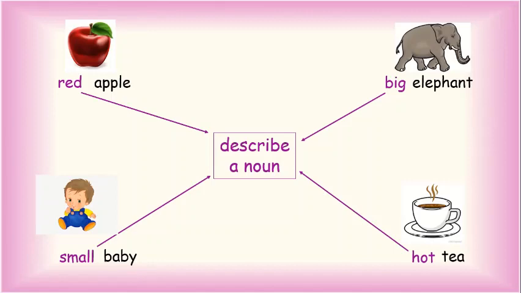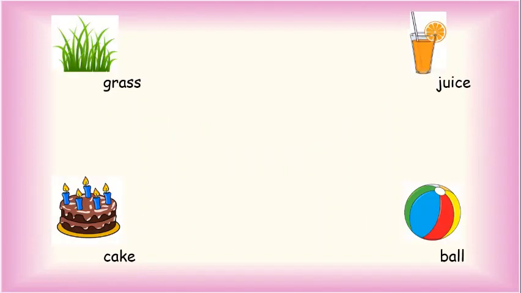Let's see a few more examples. Here we have grass, juice, cake, and ball. These 4 are nouns. Now let's try and describe them. Let's try and tell something more about these nouns.